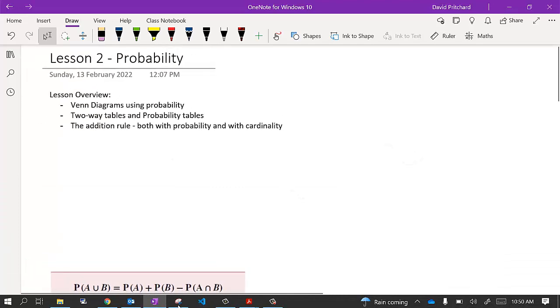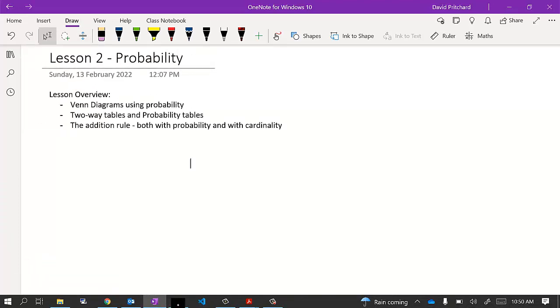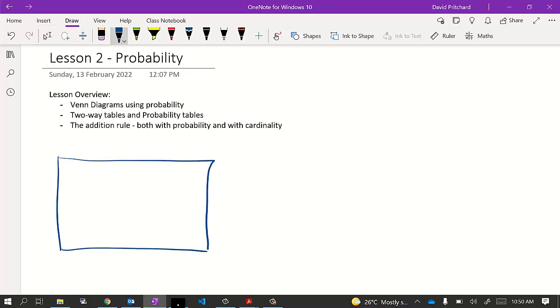So, first things first, we'll look back at our Venn diagrams, and we'll link them into a probability view that we'll be able to use.